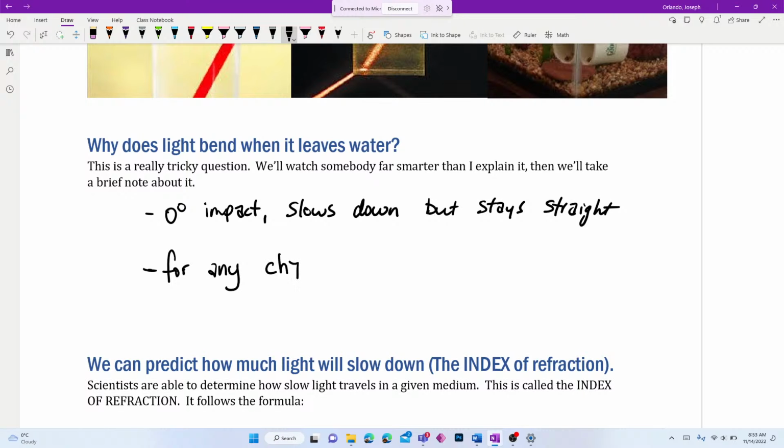For any change in medium at an angle, and what letter do we use to signify angles? Theta.